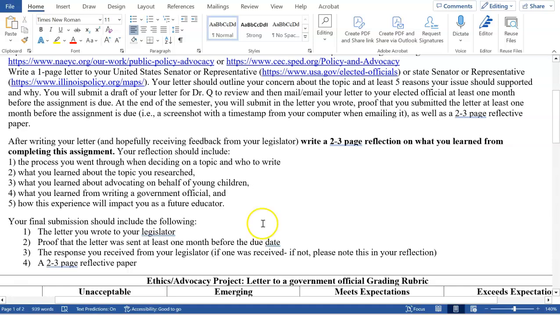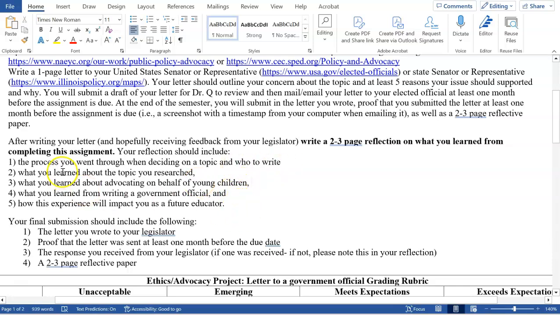Obviously, if you write like a state representative or a state senator, or definitely a local person, you're more likely to get a more personal response. But in my experience, you're also a little less likely to actually get a response, which seems kind of strange, but that's the way that it's been in my experience.